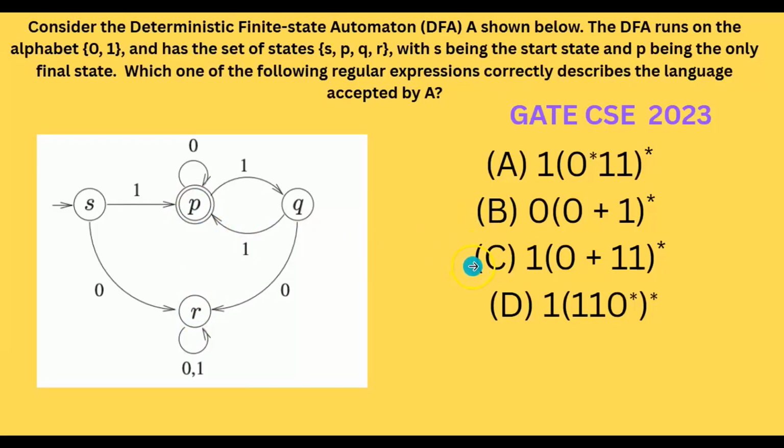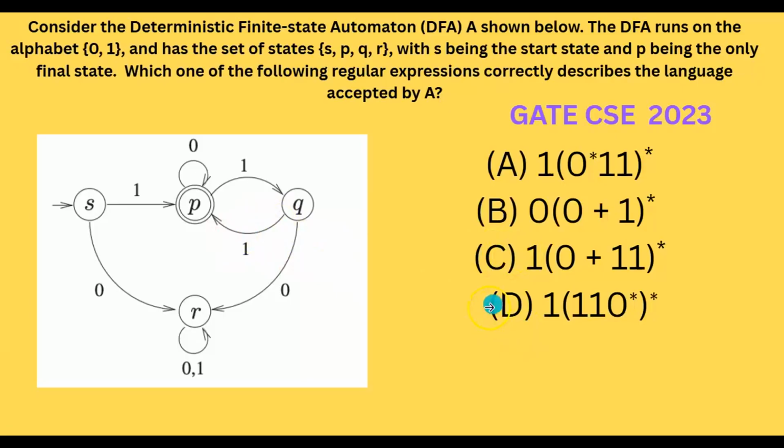But option C, on having input 1, you reach from S to P. Then you can have 0 or more occurrences of 0 or 0 or more occurrences of 1 and 1, that is the sequence of two ones, and it can appear in any order. So that means this correctly specifies the DFA.